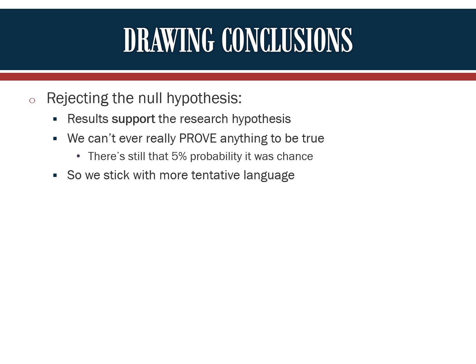There's still a possibility that our sample just happened to fall in that very extreme high tail or very extreme low tail just by chance alone, because those scores do happen in our comparison distribution. So there's still a 5% probability that it was just chance. That means that we can't ever prove anything to be true, so we stick with more tentative language. Instead of saying the results proved our research hypothesis to be true, we say that it supports our research hypothesis.